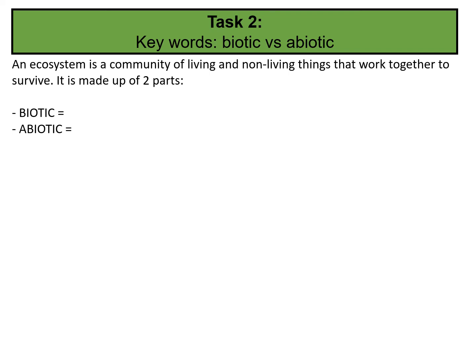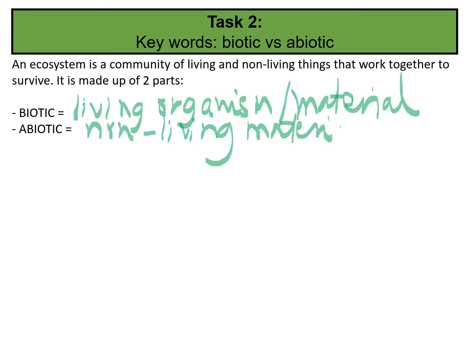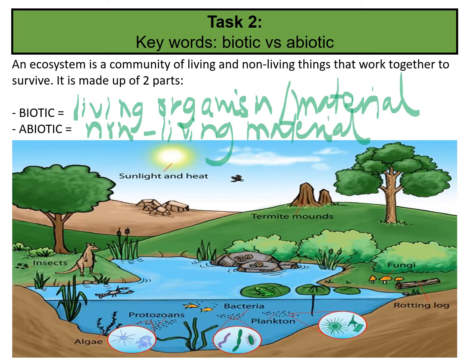Biotic is the fancy definition for living organisms or living material, whereas abiotic is examples of non-living material. So let's use this next image that you have on your tasks to look at examples of both.